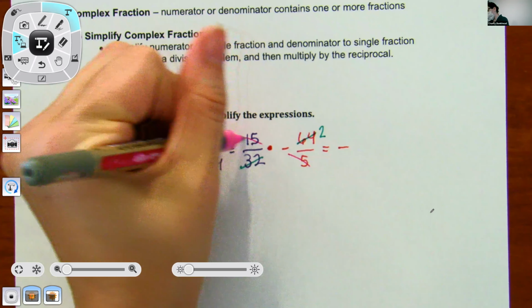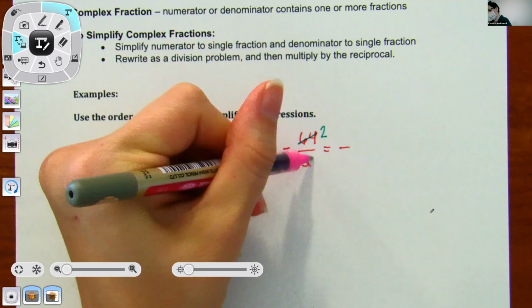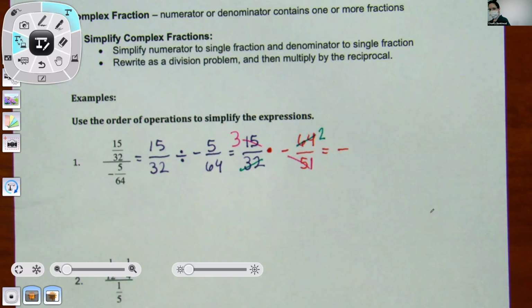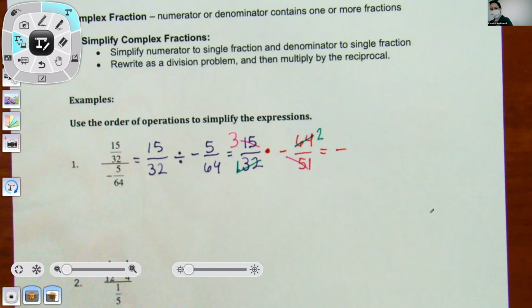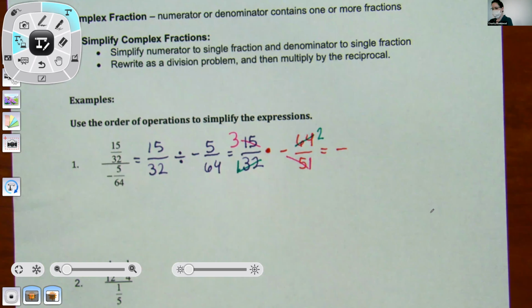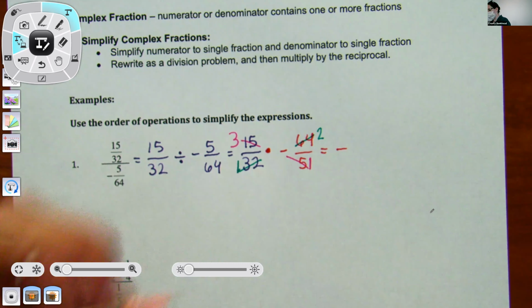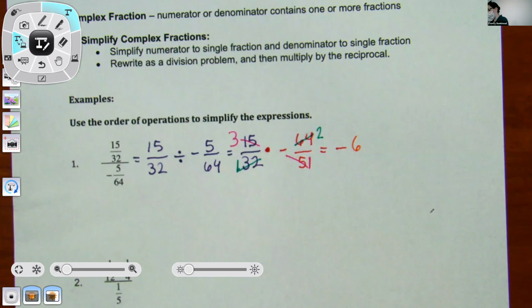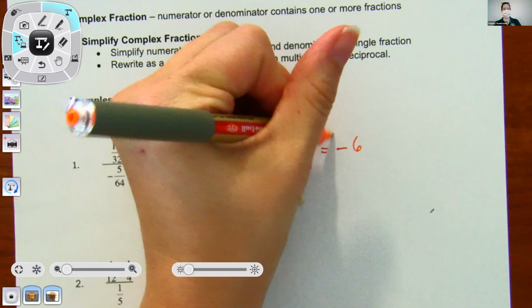And I guess I could go ahead and put a 1 there and a 1 there. And then 3 times 2 is 6. And it would just be over 1, which you don't really need, so -6 is the final answer.